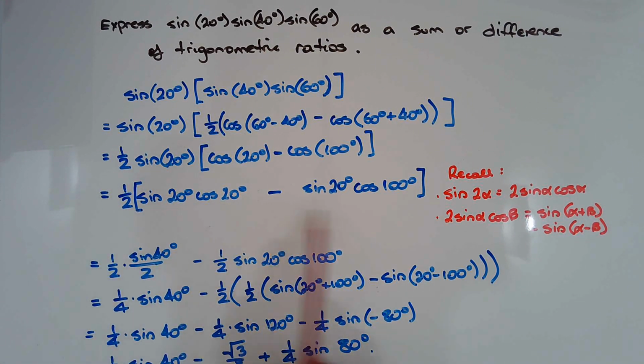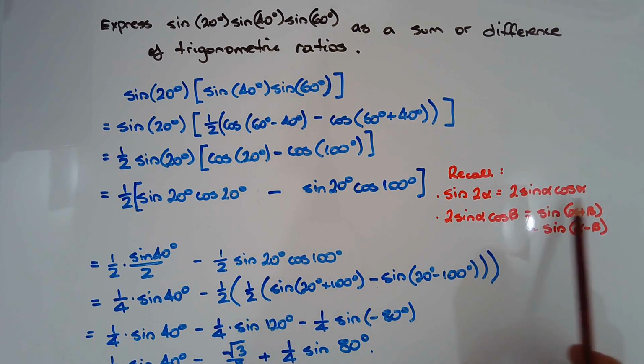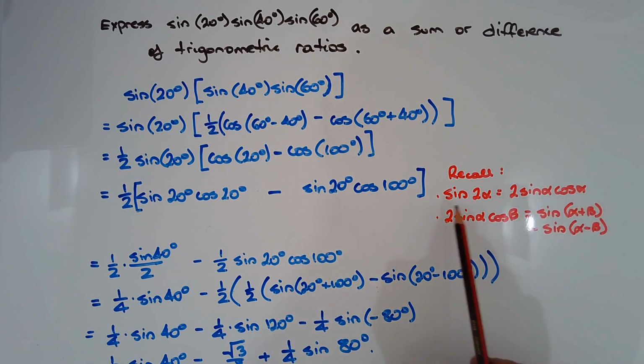So let's have a look at this line here. You notice that we have a sine 20 cos 20. That's a sine A cos A case. If you recall, 2 sine alpha cos alpha is equal to sine of 2 alpha.